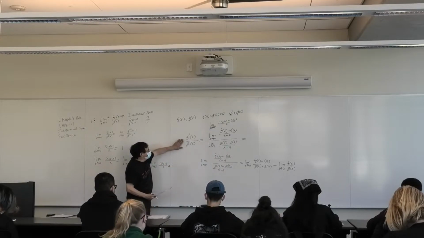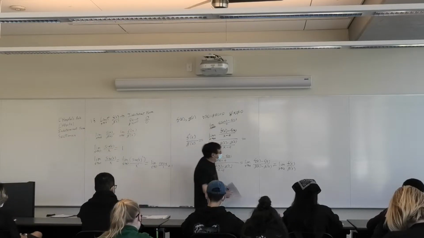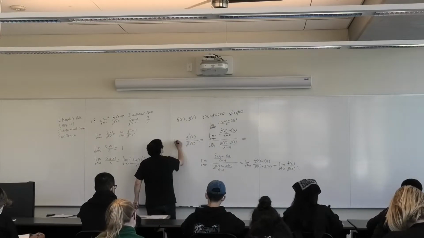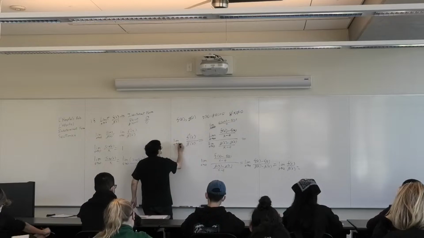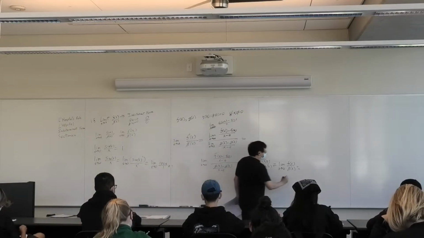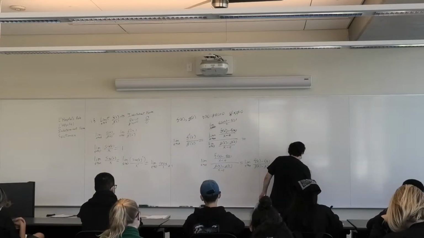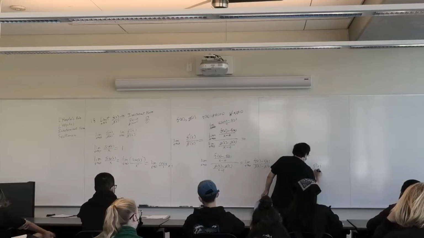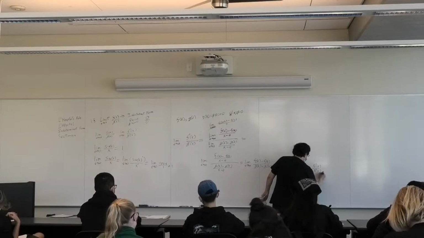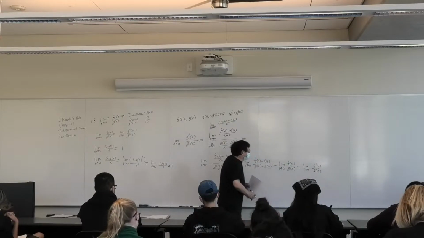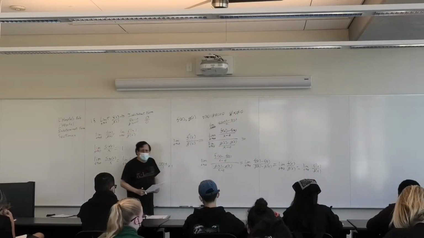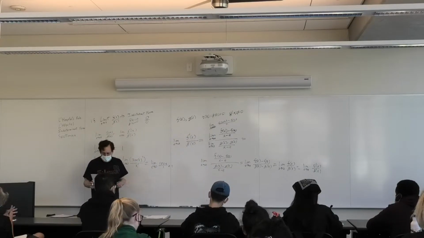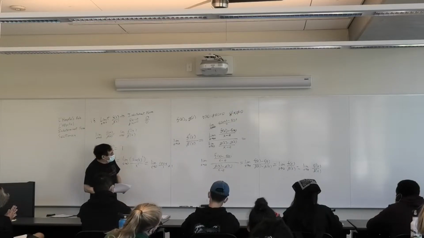So if you look at where we started, I guess I did need this limit here, didn't I? This is the limit as x approaches a of the derivative of f of x over the derivative of g of x. Okay, there's no real fancy math there, just using the limit laws and some algebra.